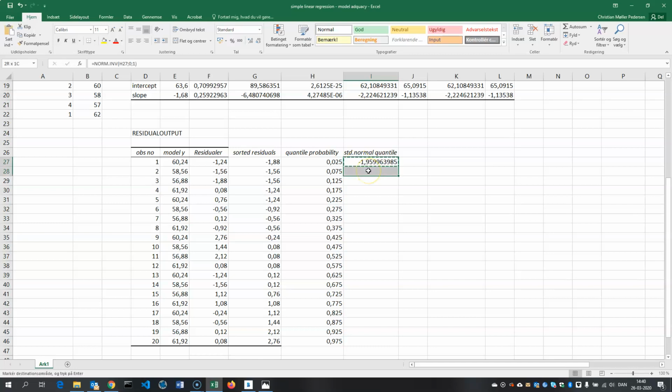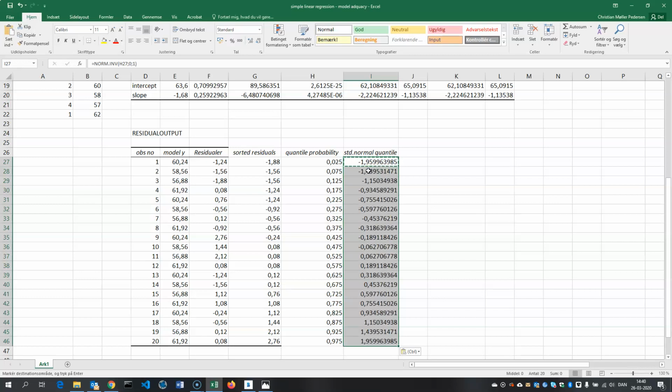And I'll make a copy of that all the way down here. You probably recognize this number because we use this quantile quite often when we do hypothesis testing or confidence intervals. What I want to do now is match up these standard normal quantiles with my actual sorted residuals and see how well they match.